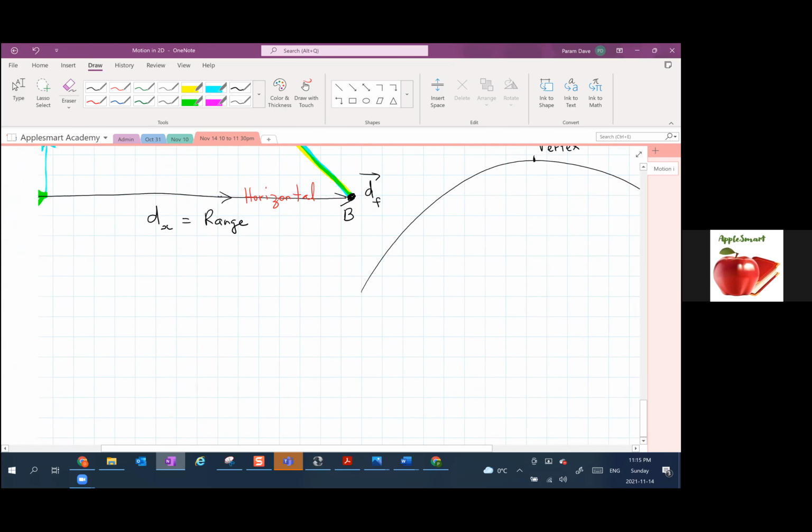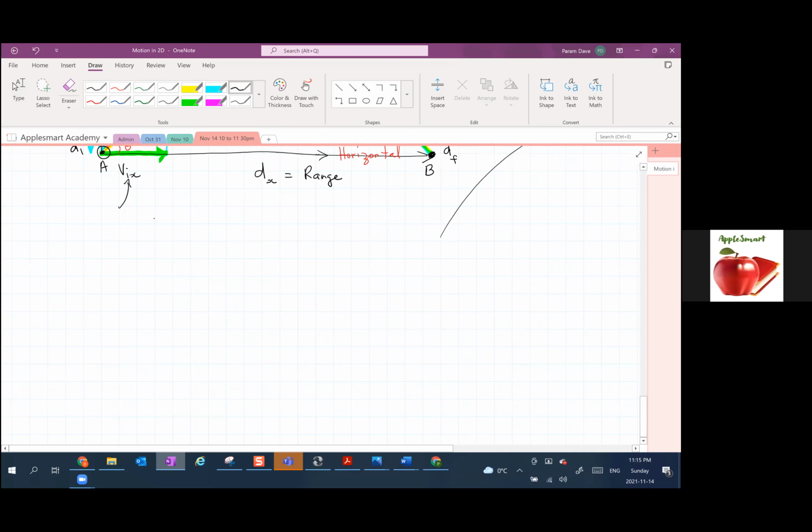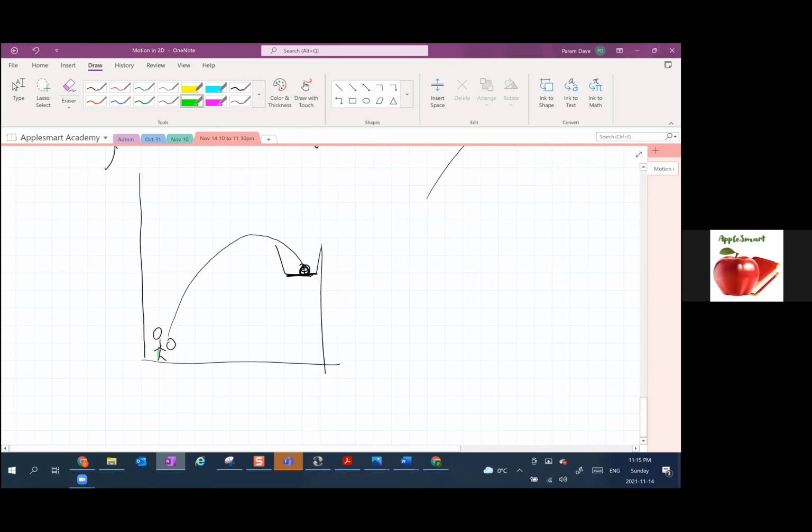Okay, now sometimes, in different situations, projectile motions, vertical displacement might be different. So for example, let's say I had this person. So you will see that the ball did not start and end on the same ground level. Where is my final location?